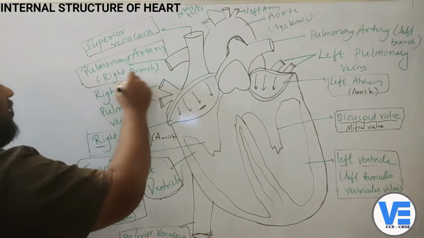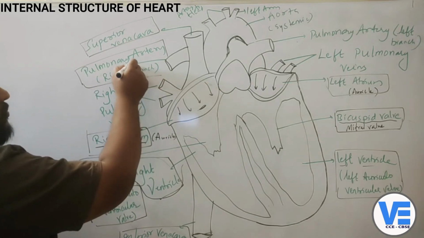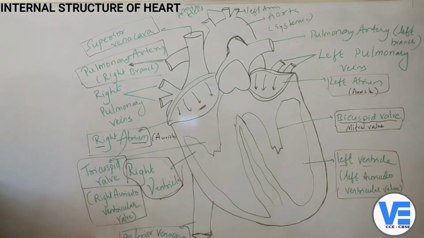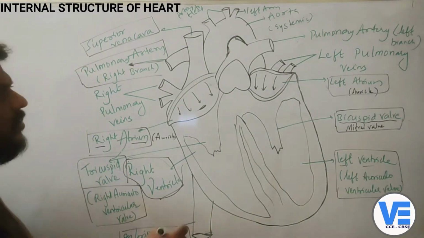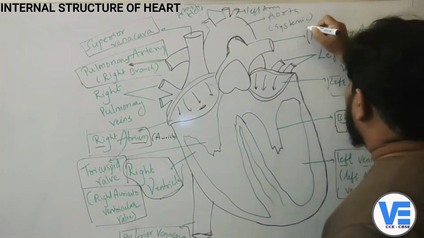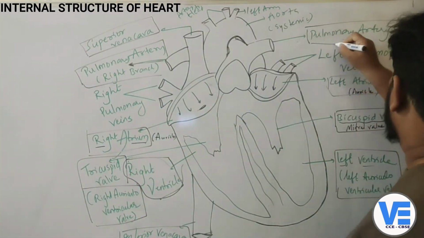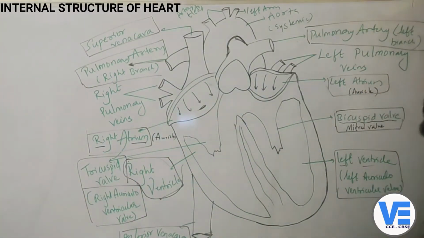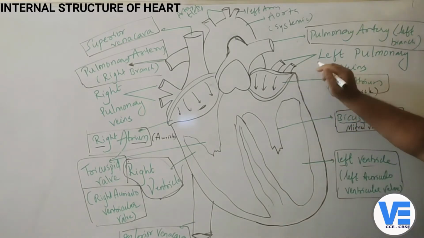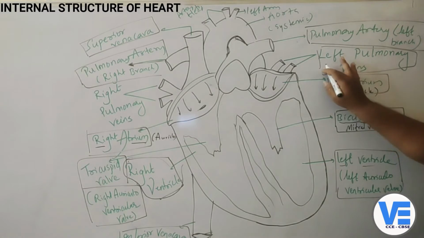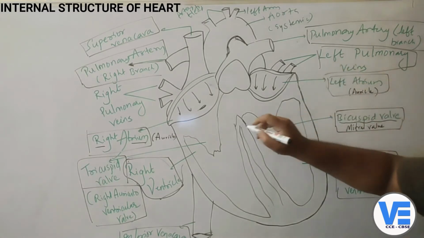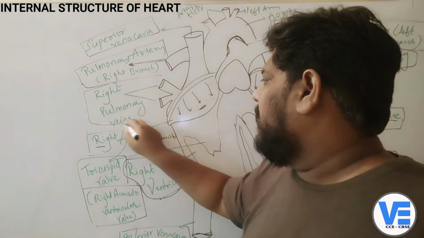The pulmonary artery takes the right branch and goes into the lungs. In the same way, here you can see the pulmonary artery going into the left branch. These two are the left pulmonary veins, and these are the right pulmonary veins.